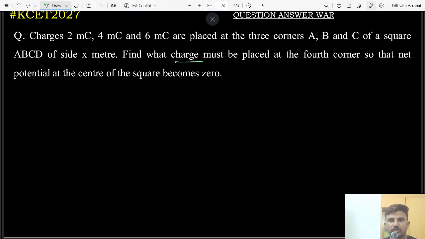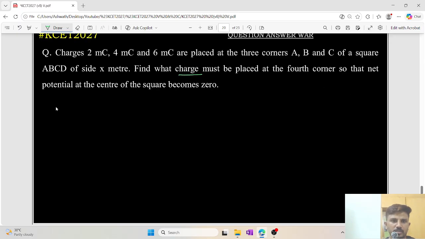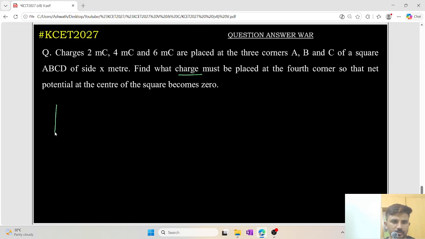So for this I need to draw a square. Let me minimize this. Okay, let me draw a square. Consider it is not a perfect square. So this is the diagonal.